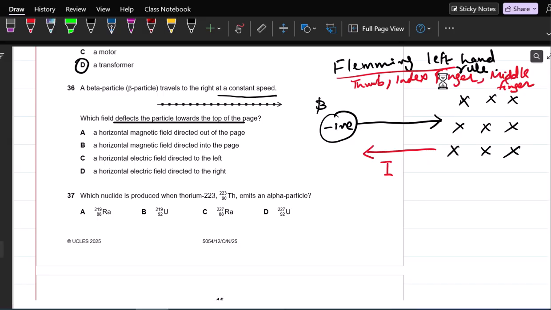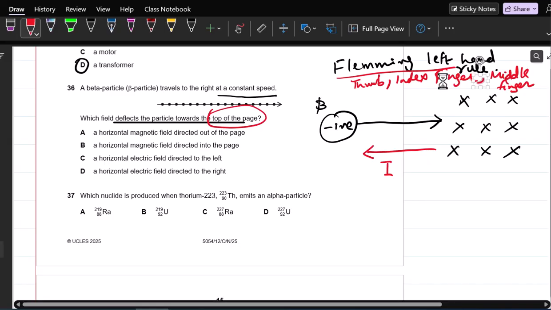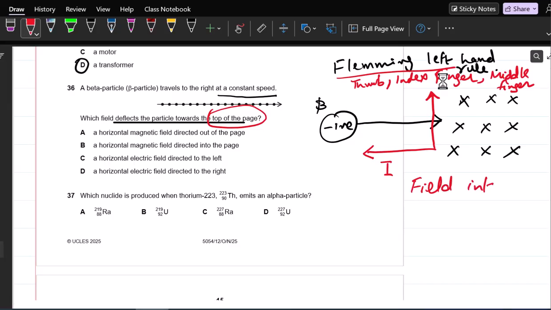So force should be acting to the top of the page. So I need force here. So we have to tell whether the field will be into the page or out of the page.